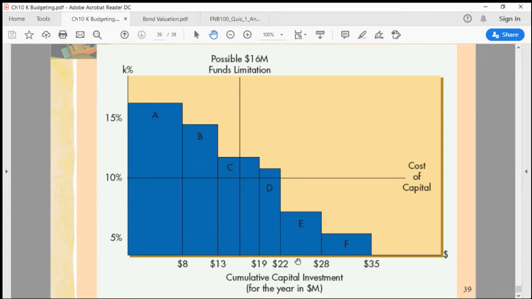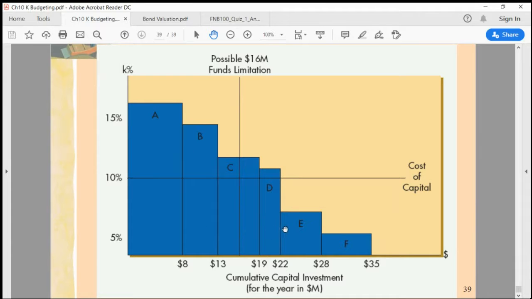D requires 3 million, E requires an additional 6 million, right? F would be like 7 million, right? But then what's their internal rate of return? A has the highest internal rate of return, probably like 17%, 16%, and B may have 14%. C something like 12%, D 11%.